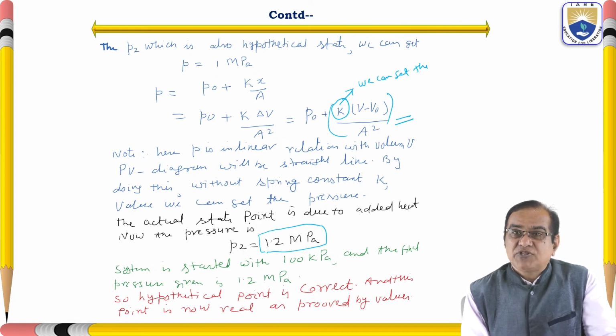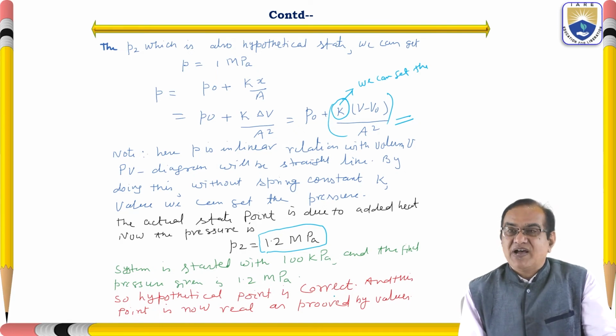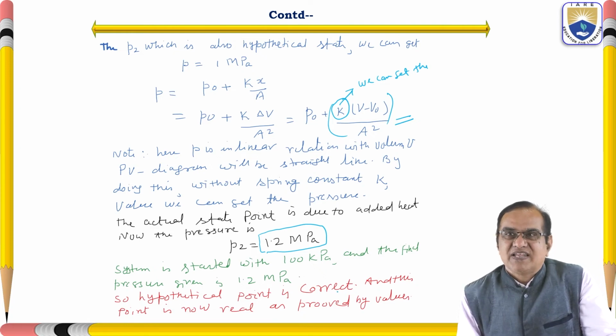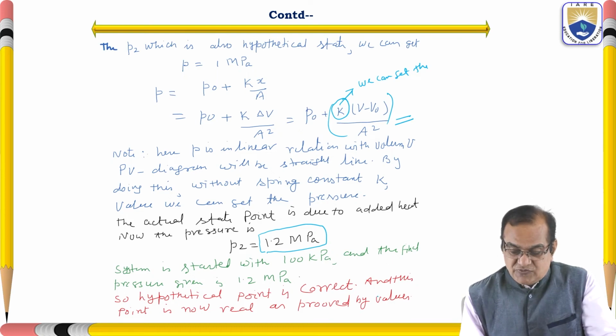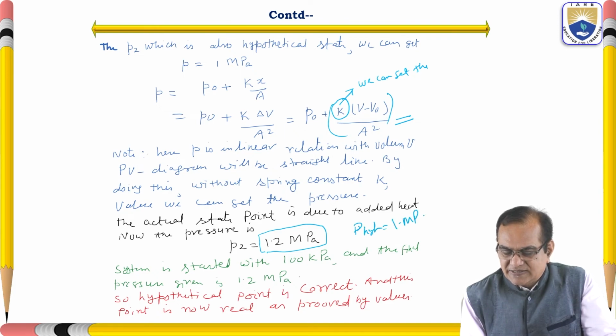So the hypothetical point is correct because it is in between, and this point is now real as proved by the values. So we can see that P hypothetical is given as 1 megapascal.